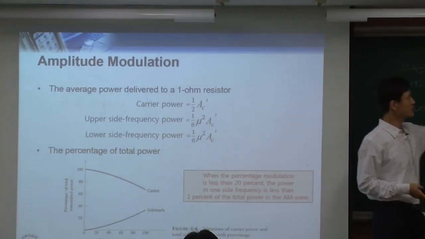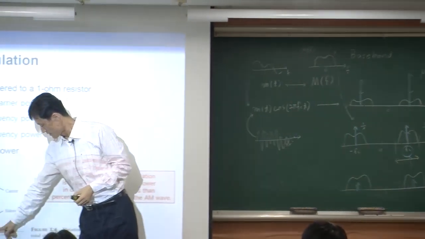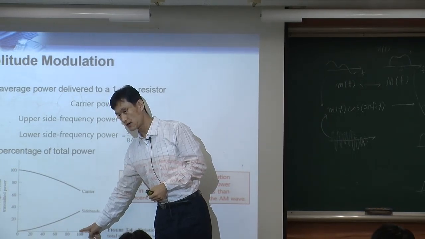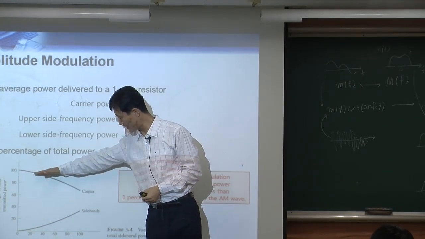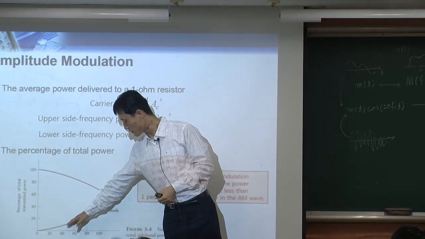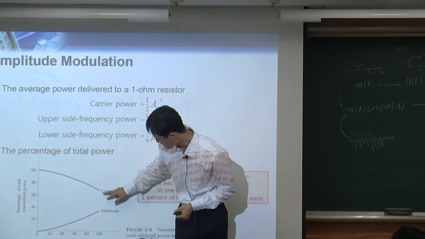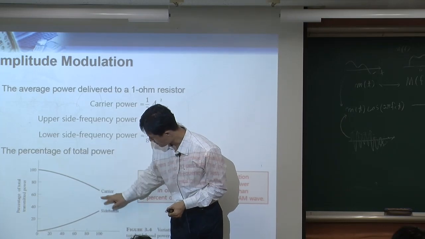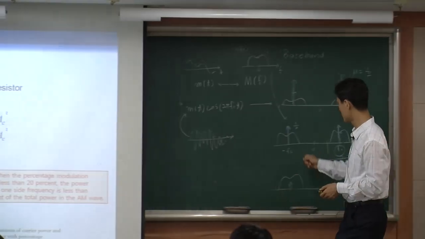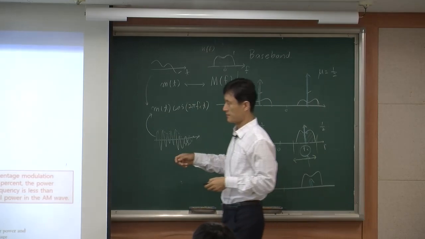So 80% of the energy is completely wasted. That's not good, right? Now let's keep increasing. When mu is 100%, the carrier power is decreased further, and your sideband energy is going up, right? So in that case it's something like 60% and 40%. So in that case it's like this. Okay, something like this.